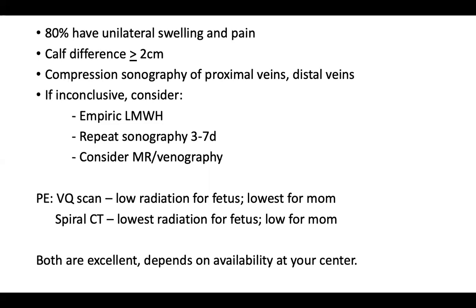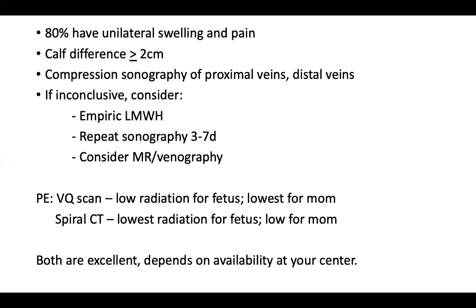I think one of the keys is just which is felt in your institution to be the best for your radiologist. If you take VQ scans and you take 10 radiologists and give them the same VQ scan to read, they're all going to read it differently, where the spiral CT is pretty spot on between radiologists. So that's something that's important to know.